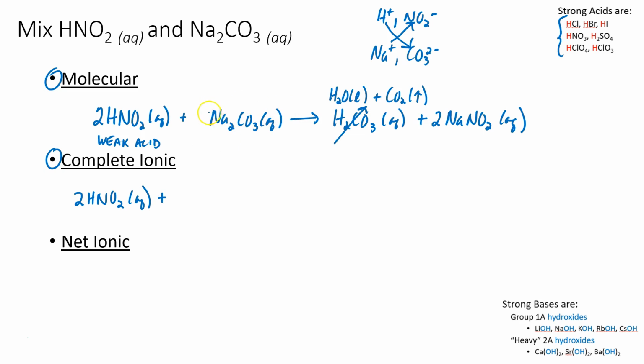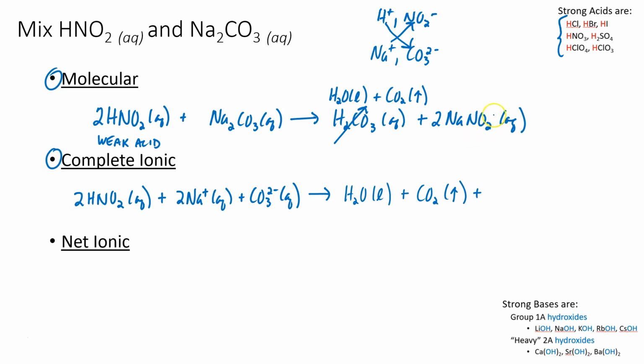Now our next compound is a soluble ionic compound. Dissociate it. And then water, we're going to leave alone. Carbon dioxide gas, we're going to leave alone. And then this sodium nitrite, we're going to dissociate because it's a soluble ionic compound.